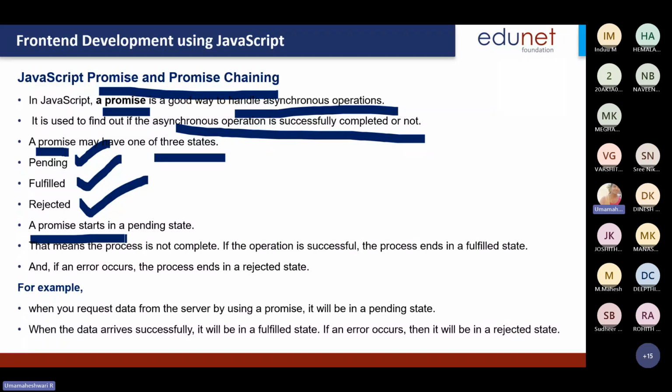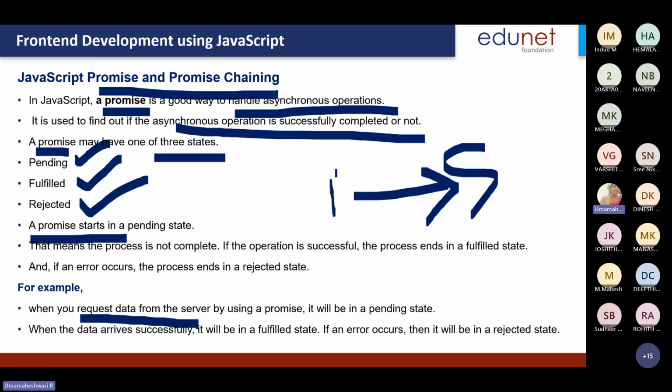A promise starts in the pending state because the user is giving some interaction and waiting for the reply, right? Let's take this: when I request data from a server, you are the user and you are requesting some information from the server. A client is requesting some information from the server. That is called the pending state.